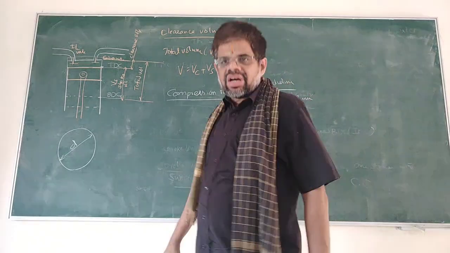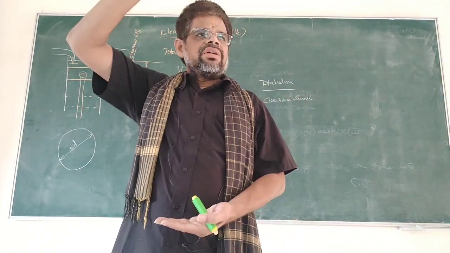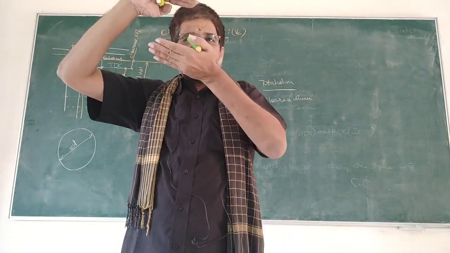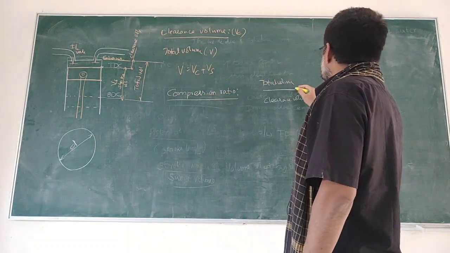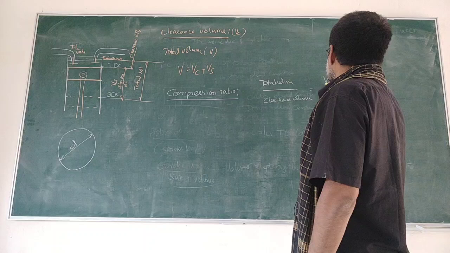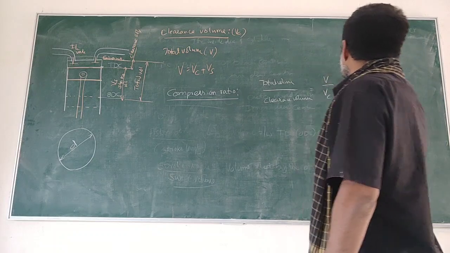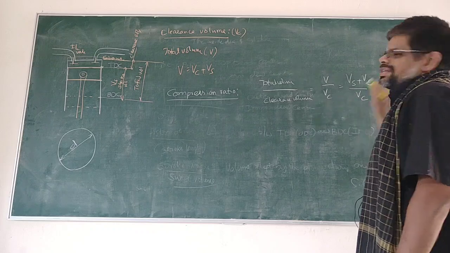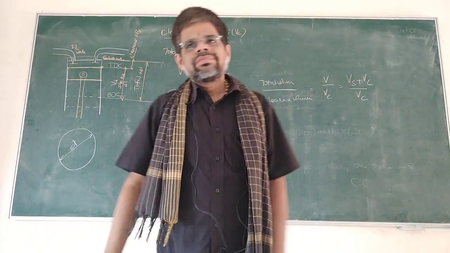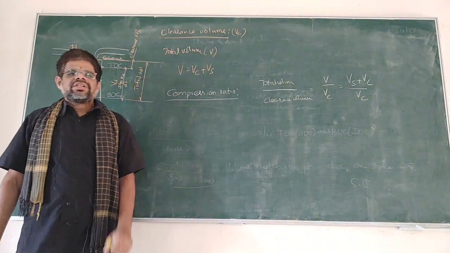So the compression ratio is total volume over clearance volume, that is V by Vc, or (Vs plus Vc) by Vc. So this is the compression ratio.